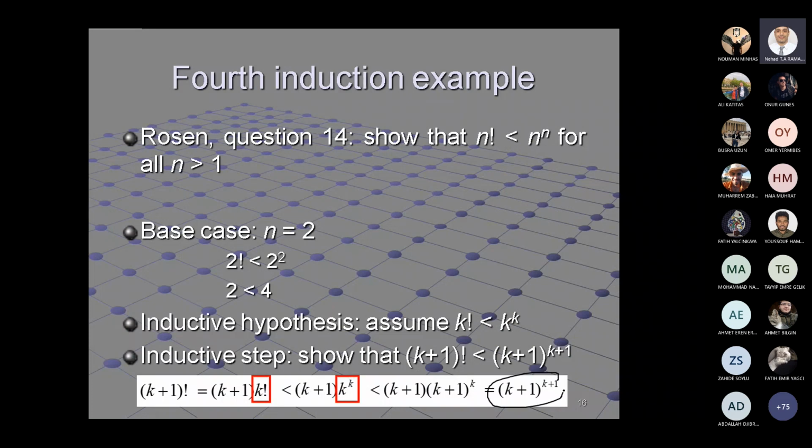Here we start from the right to get this one. Here we start from the left to get this one. Then we found that this one is actually less than this one. And this gives us that the left hand side is actually less than the right hand side.